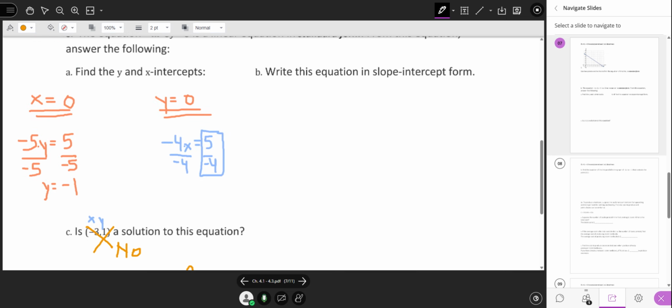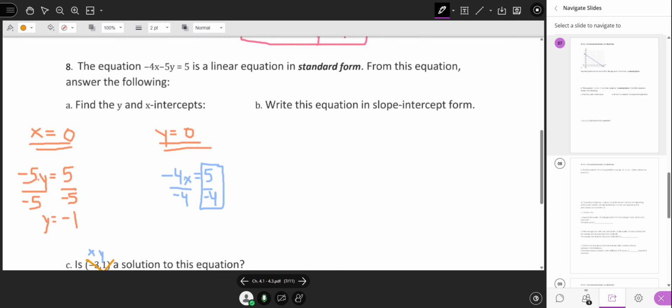So I would do parts A and C first, and then write this equation in slope-intercept form. That means you got to solve for y. So the very first thing you got to do here is move the 4x, and I tend to like it first. When that goes to the opposite side of equals, it takes the opposite sign.